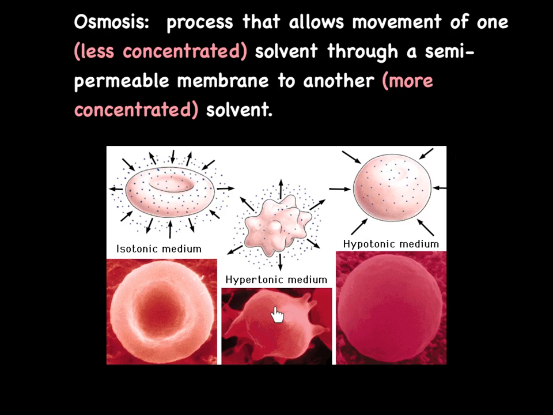So the cell shrinks. If we put our cell into a hypotonic solution, which has a lower concentration of solute, then the water is going to move into the red blood cell to try to form an equilibrium, causing the blood cell to swell and eventually burst.